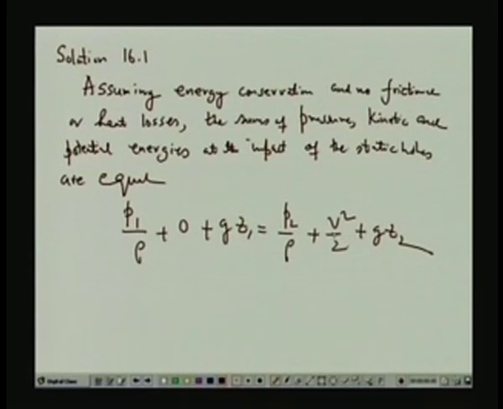Obviously, P1 will be greater than P2, where Z1, Z2 are the elevations of the holes above the bottom levels, that means the stagnation hole and the static hole. We assume Z1 equal to Z2, hence we can write that the velocity V equals the square root of 2 (P1 minus P2) by rho.